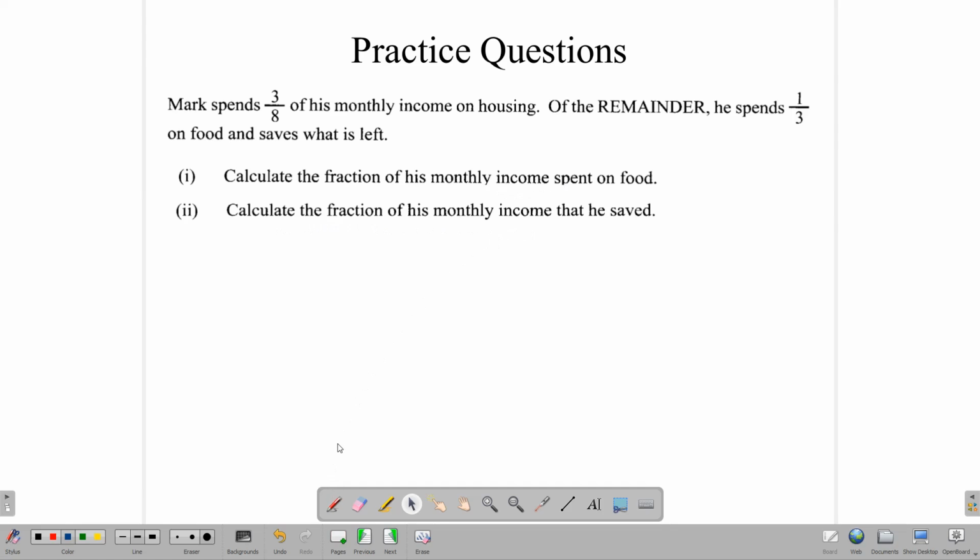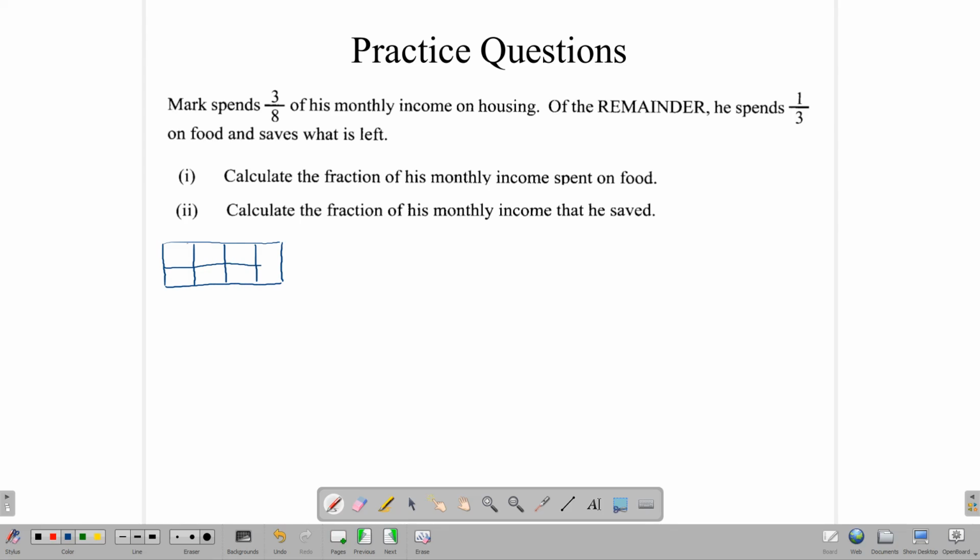All right. So first, let's talk about Mark's income. Mark's income is divided into 8 parts. Let me just draw a diagram here so that we can look at it in terms of a picture.